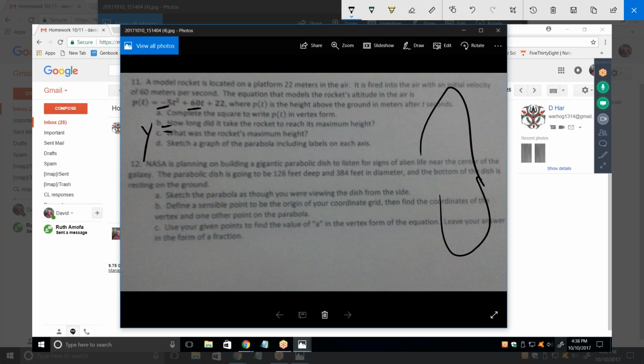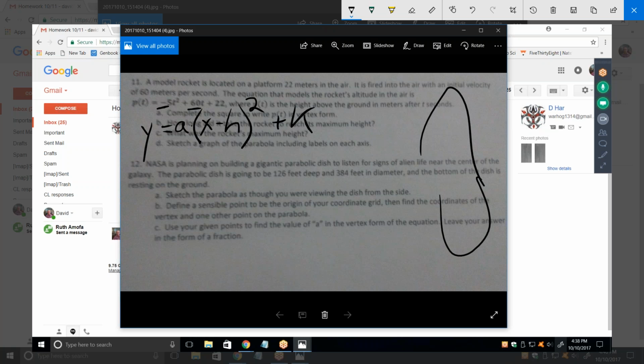So y equals... Oh, don't look at the function. Give me the general format. Oh, so y equals a (x minus h) squared plus k. That's the general format. And that's what we're going to try to make this equation look like.